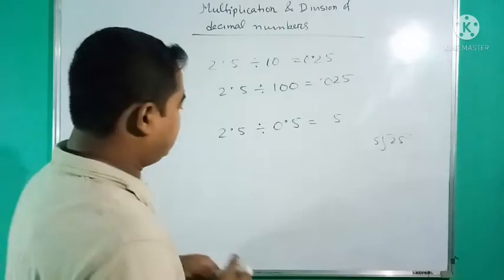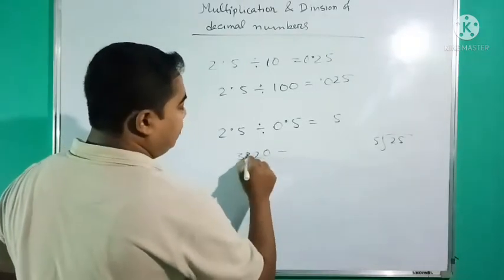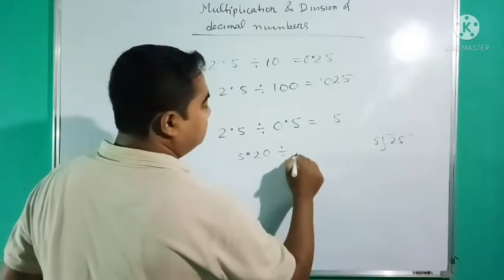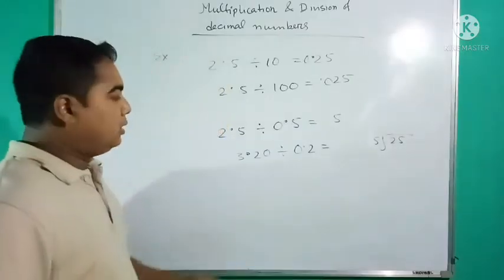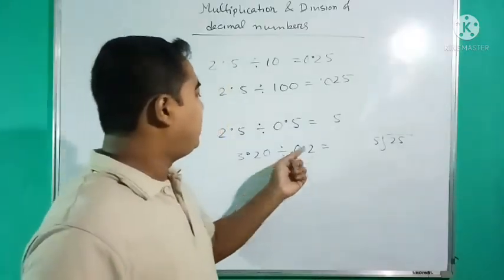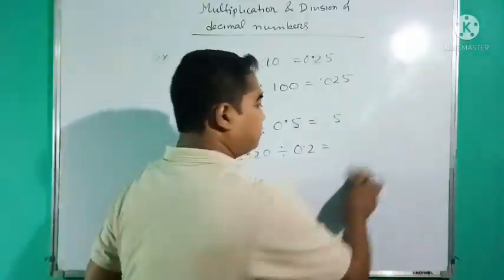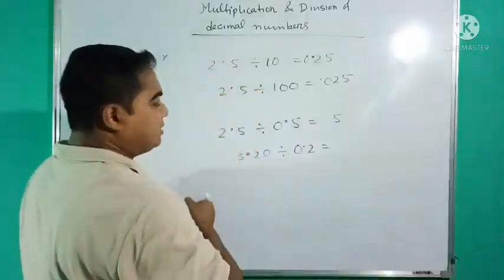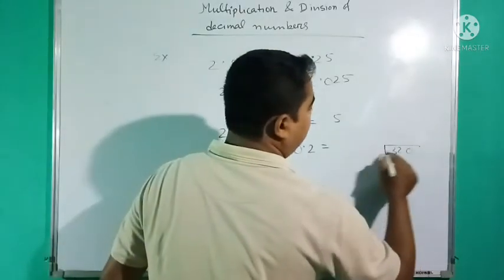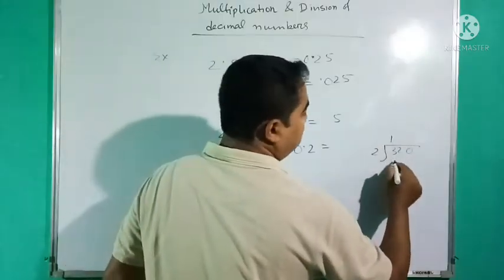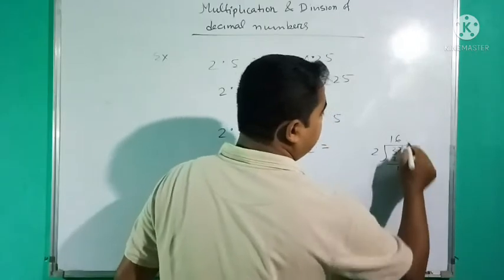One more example. See. Now 3.20 divided by 0.2. Then what will you do? At first, think of this as 320, divided by 2. 2 ones are 2, 2 sixes are 12, 0, 0.